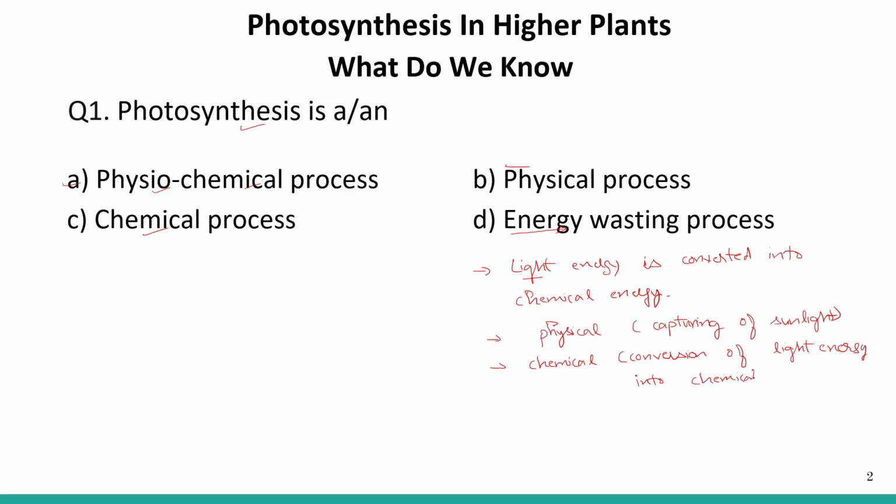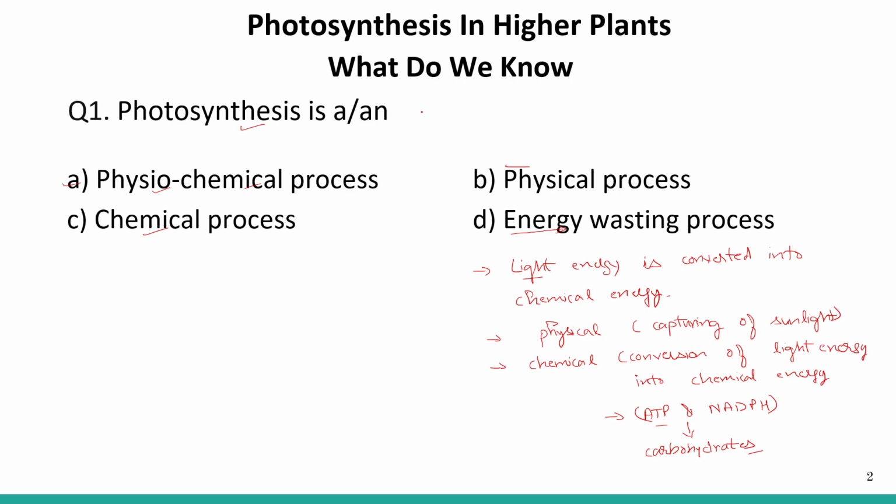Initially, the energy is stored in the form of what? ATP and NADPH. So initially the light energy is converted into chemical energy in the form of ATP and NADPH, and these are then utilized for the synthesis of carbohydrates during the biosynthetic phase.